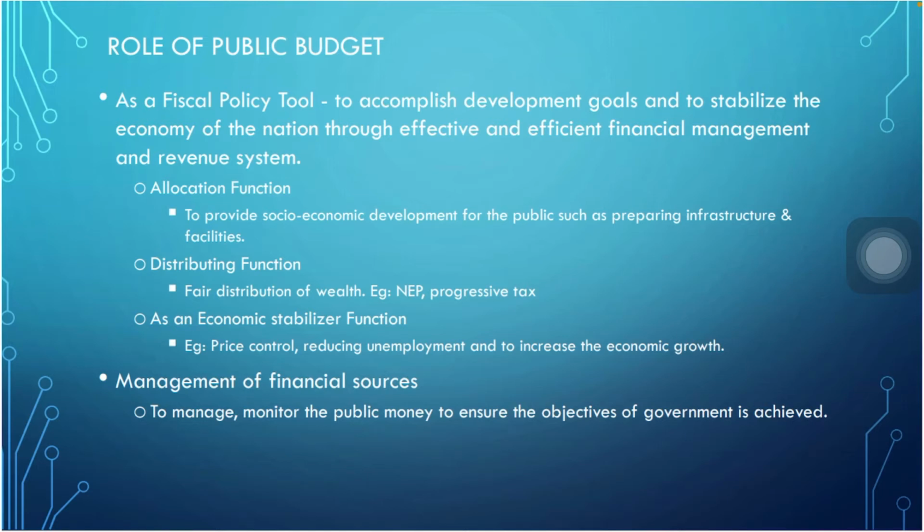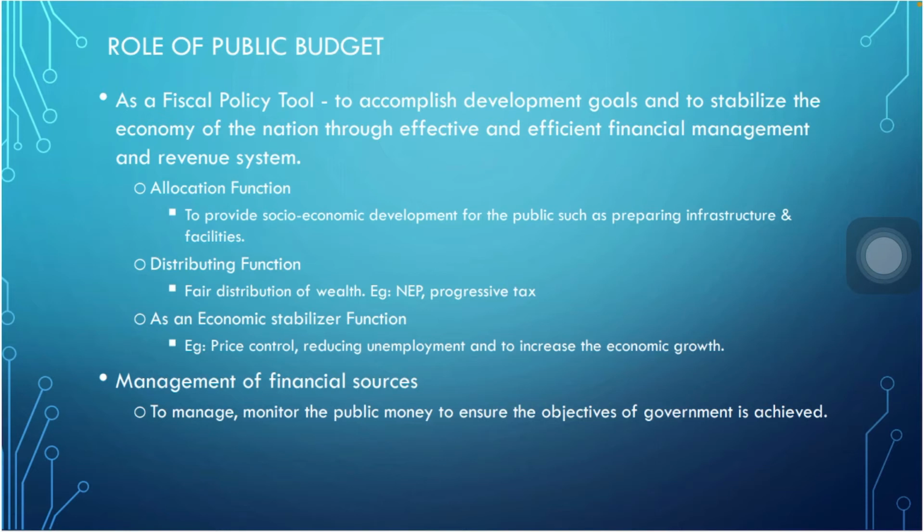Moving on, kita akan turunkan dekat distribution function, fungsi pengagihan. So fungsi pengagihan dalam sesebuah negara, dalam sistem pentadbiran keuangan negara, kita perlu ada sistem agihan yang adil dan juga yang saksama lah. Contohnya macam tax.